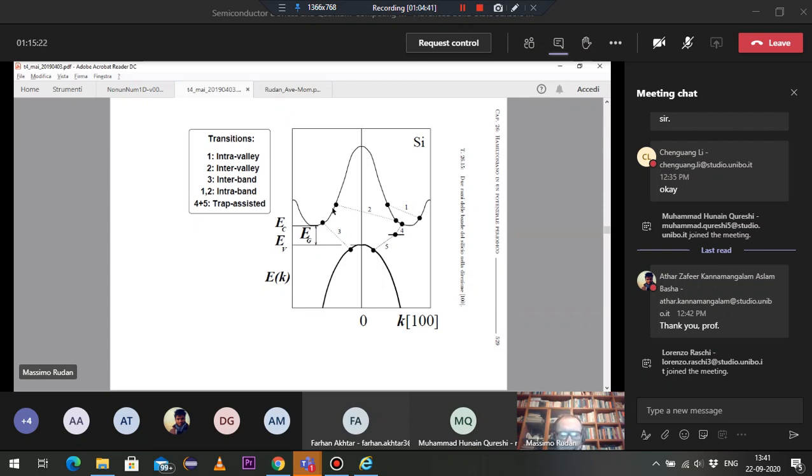In crystals, it may happen that electrons from time to time are subjected to perturbation that cannot be considered weak. Okay. The typical example of strong perturbation is a collision.